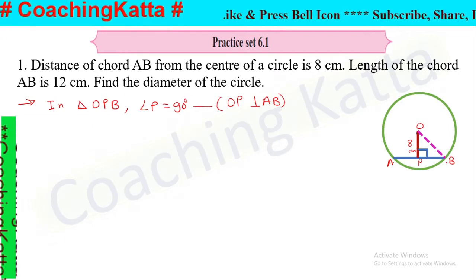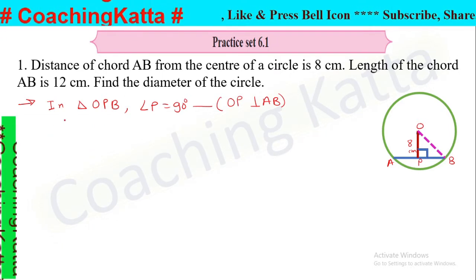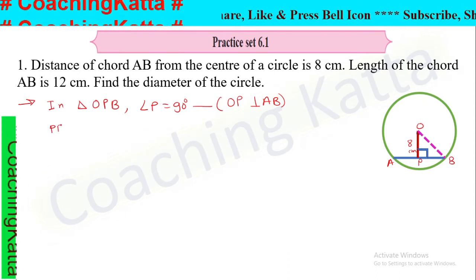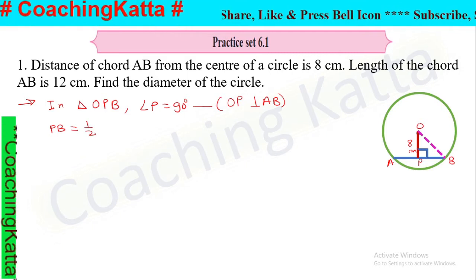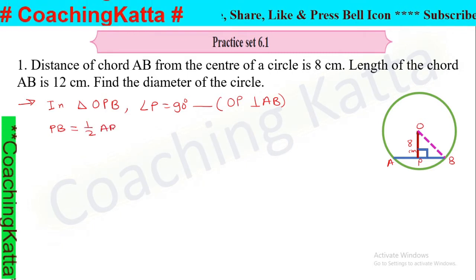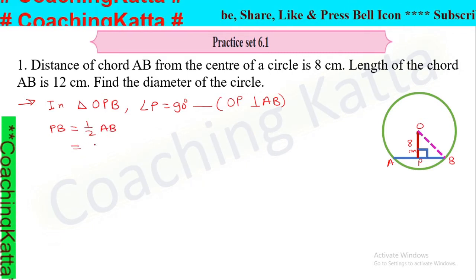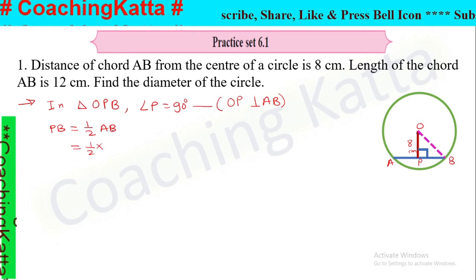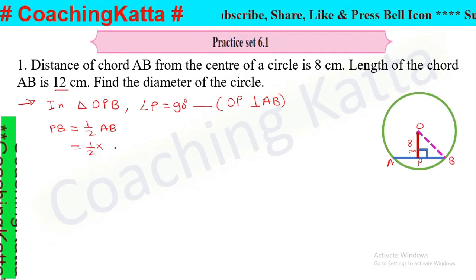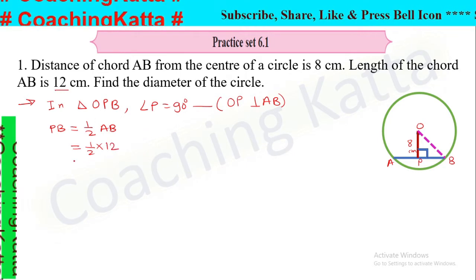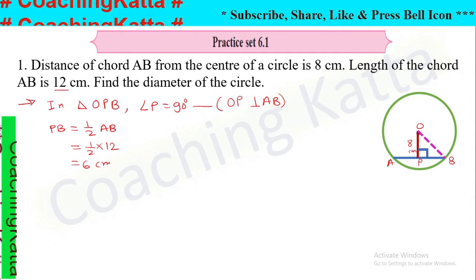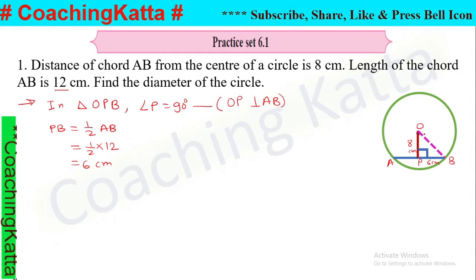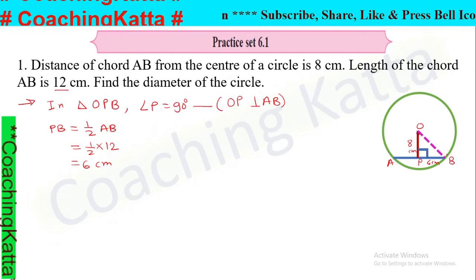Let us find the distance PB, equal to 1/2 into AB, and the value of AB is given, half into length of chord, equal to 12 cm. So put here 12, it is equal to 6 cm. So PB equal to 6 cm, and now we have to find out OB.